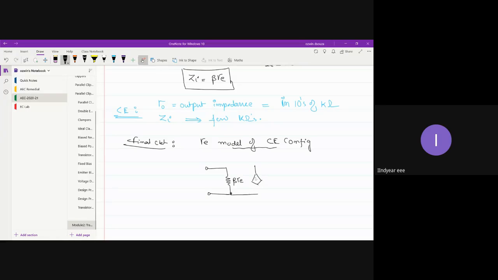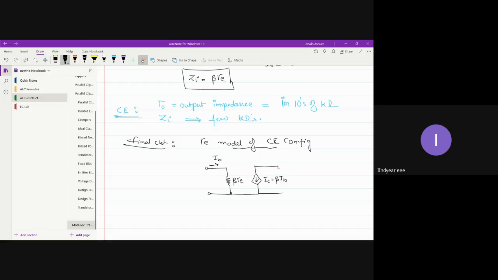This, let me consider it as IC, which is equal to beta IB. So this is my IB.